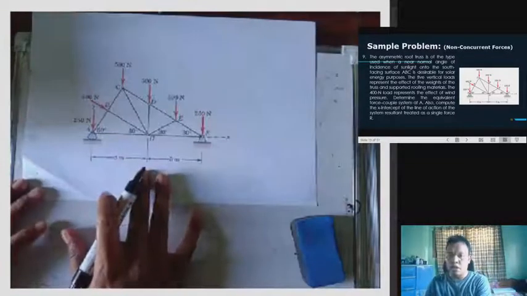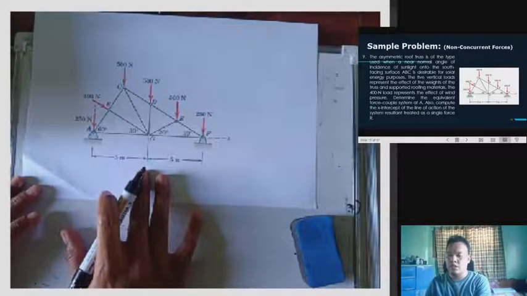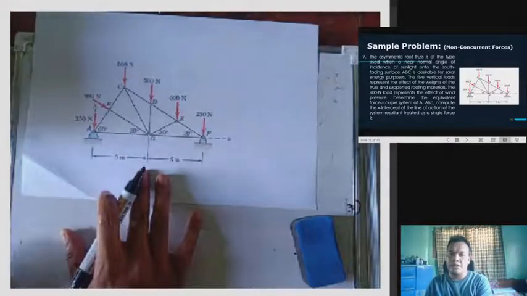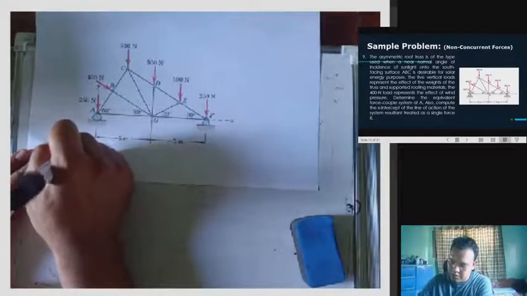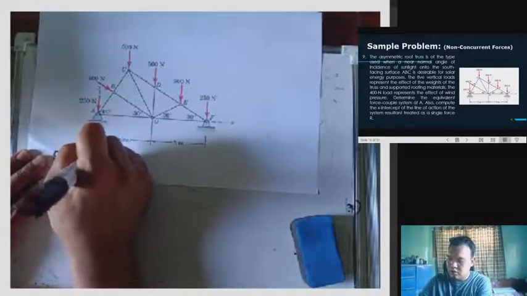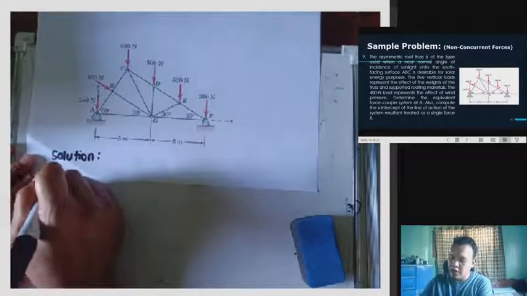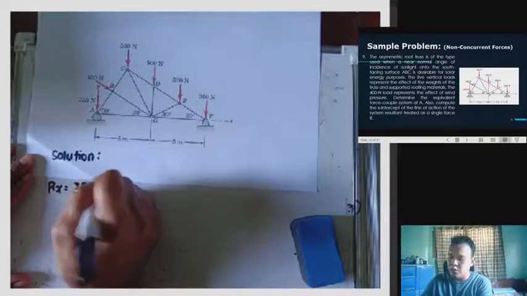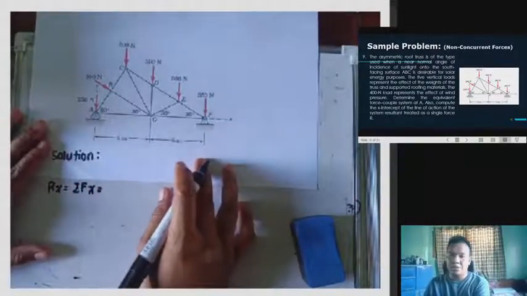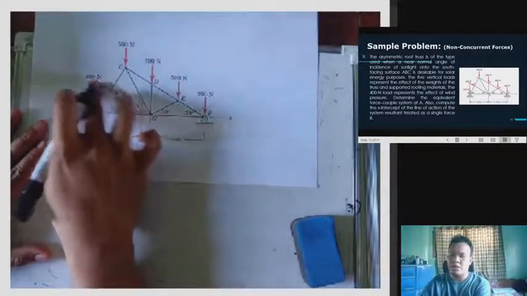So, solution, to get the value of resultant force, so kunin ko muna yung value ni Rx and ni Ry. So, solution tayo. We have here Rx is equivalent to summation of forces in x direction. Kung x direction pinag-usapan natin, ito yon, tama?